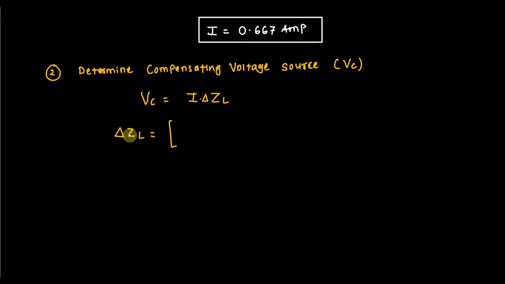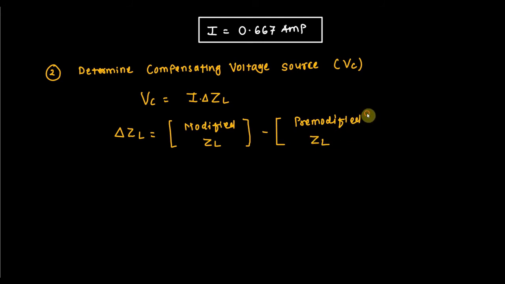How do you calculate the change in ZL? That is final value minus initial value. So I will say modified ZL is the final value minus the initial value, which I will say pre-modified, because these two terms we have used in this theorem.